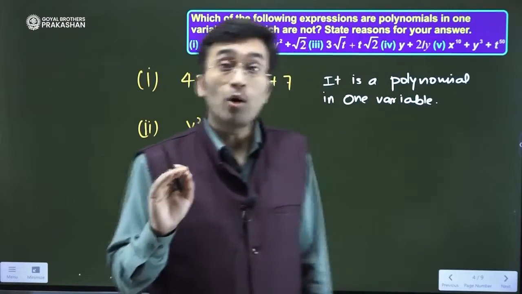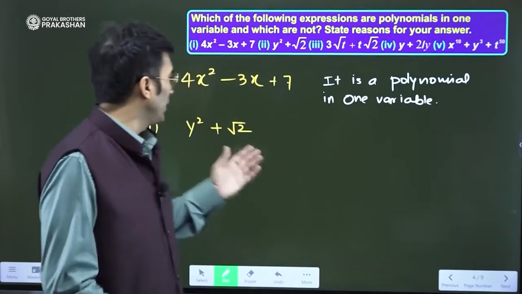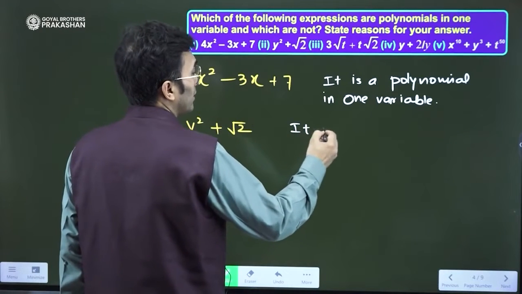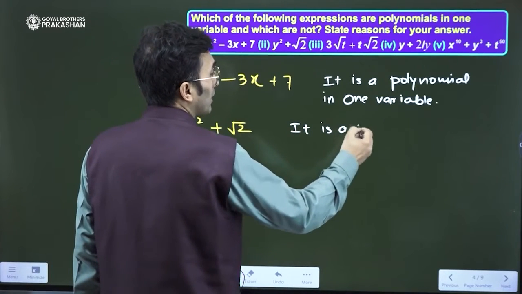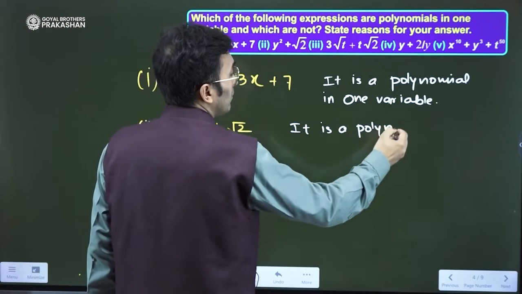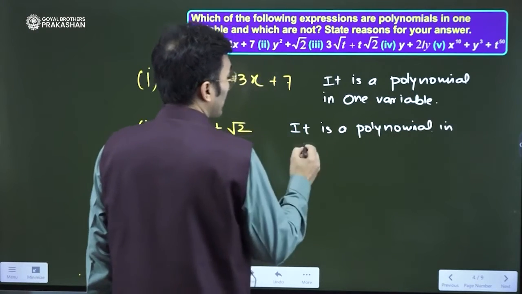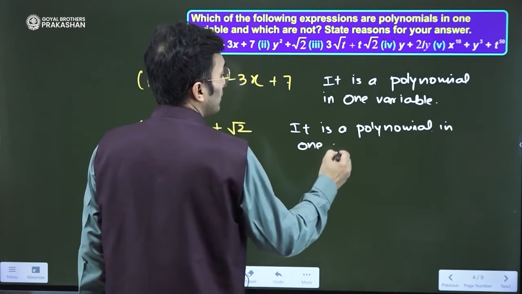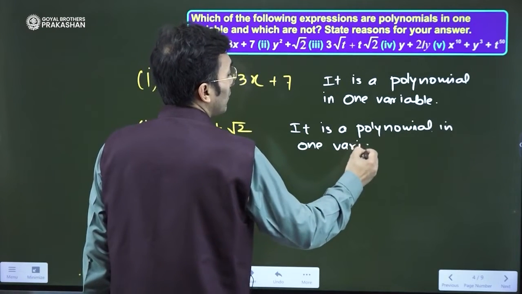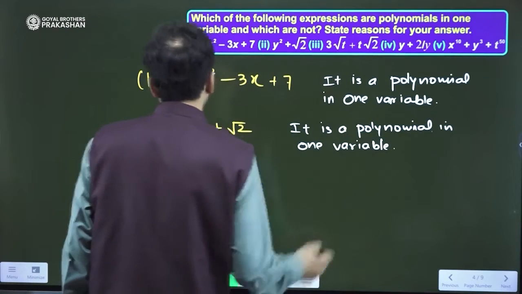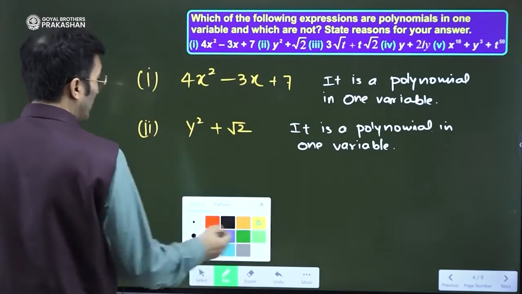And how many variables do we have? A single variable, that is y. So it is a polynomial in one variable.